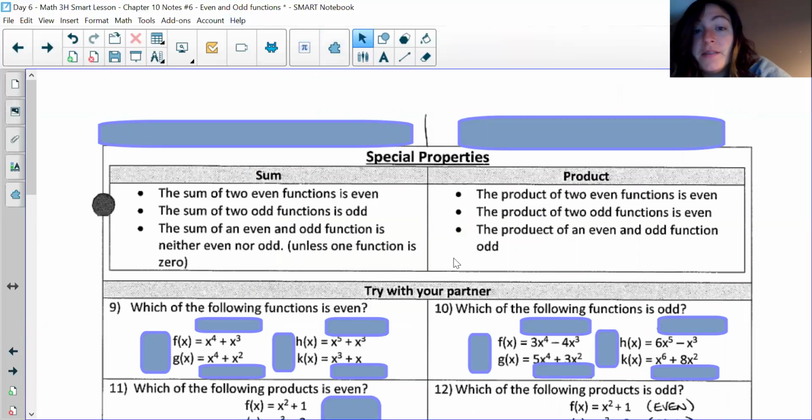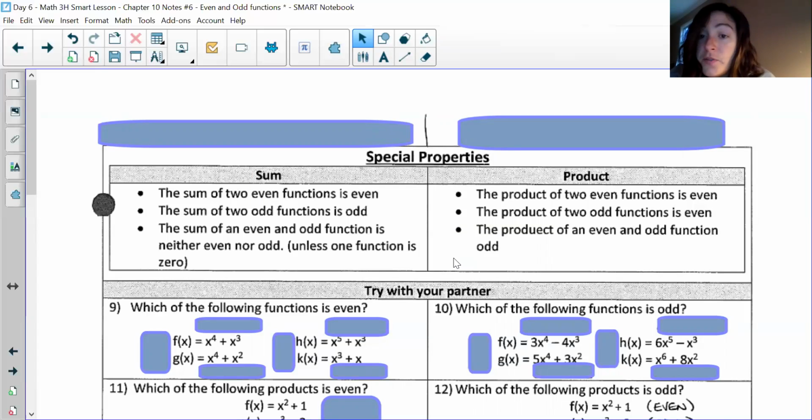Special properties. So the sum of 2 even functions is even, the sum of 2 odd functions is odd, the sum of an even and odd function is neither even nor odd unless the function's 0. Product. The product of two even functions is even.